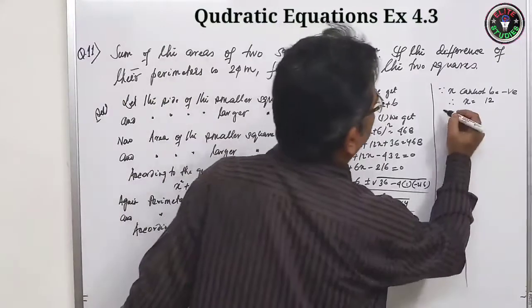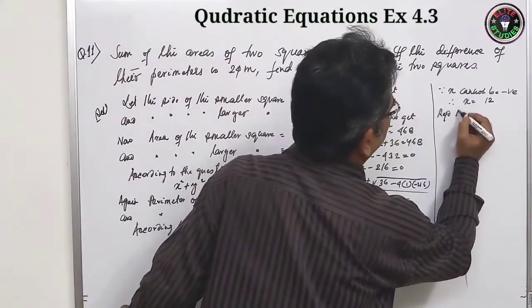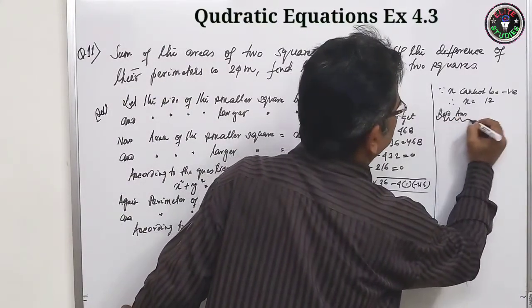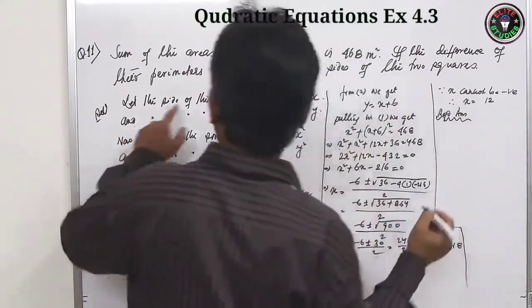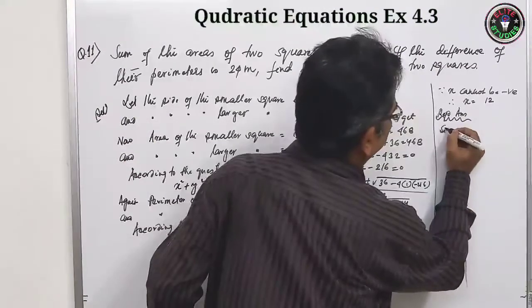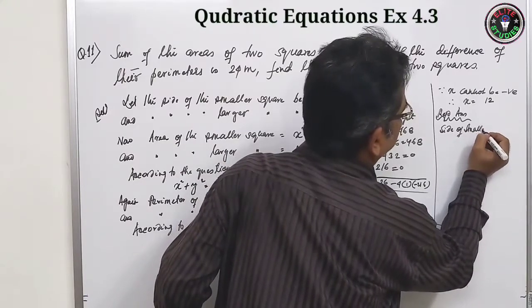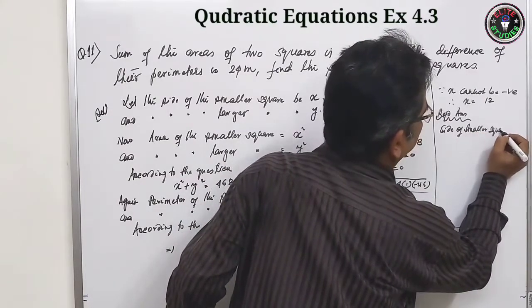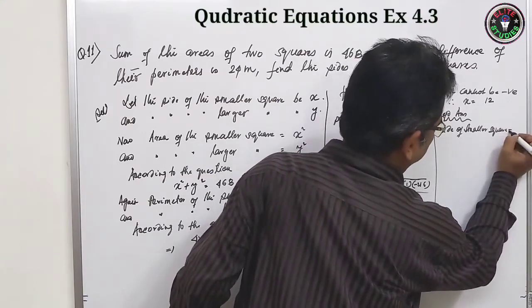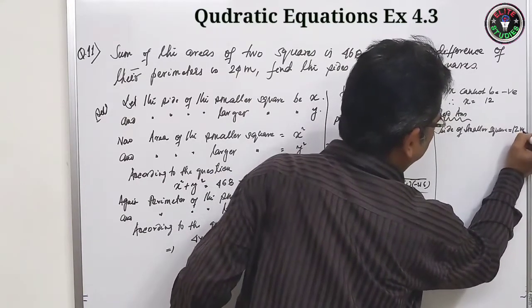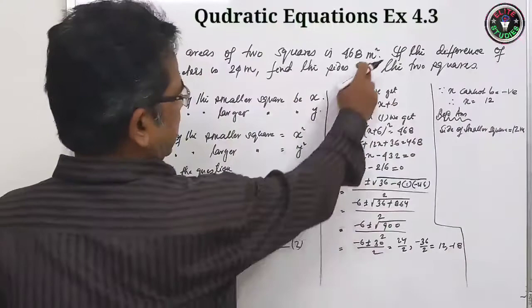So the required answer: the side of the smaller square is equal to 12 meter, because it is in meter.